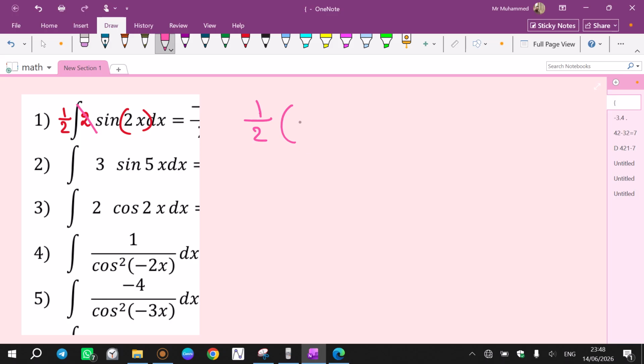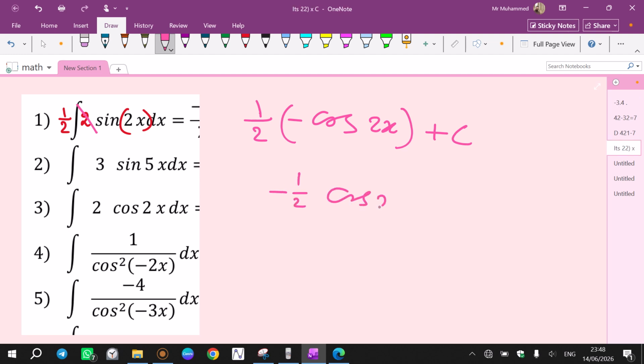Integral of sine is negative cosine. The angle, which is 2x, never changes. This is the integral, and there is always plus c. Now simplifying, this will be negative 1 over 2 cosine 2x plus c. This is the result.